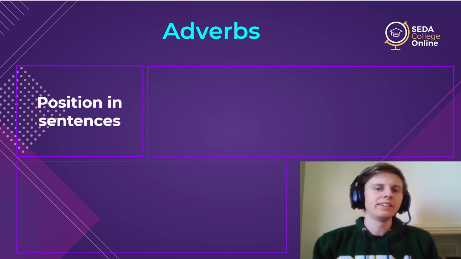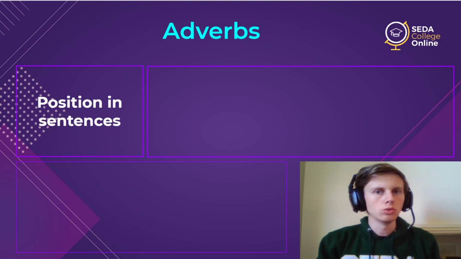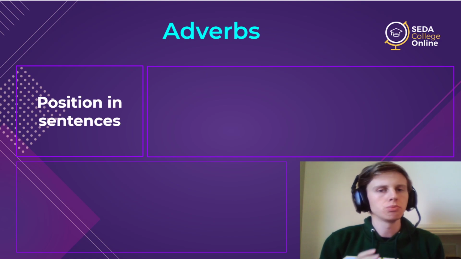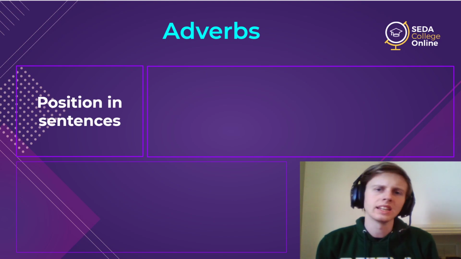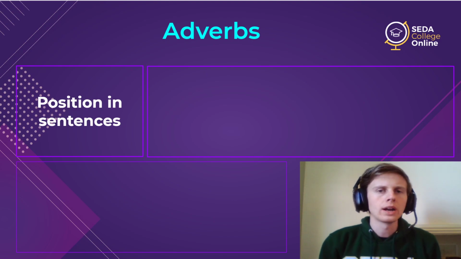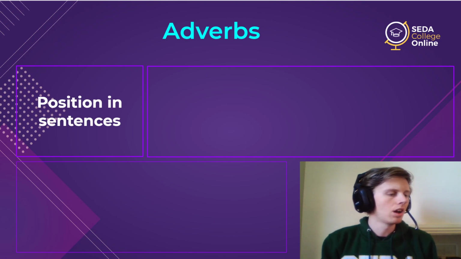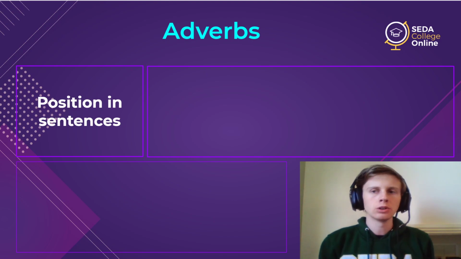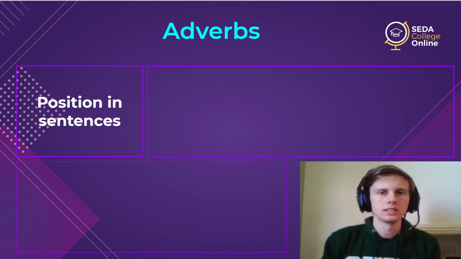Additionally, adverbs have kind of special rules about where they go in the sentence. This is probably one of the trickiest things about adverbs, and it's going to be the hardest thing to really understand and to learn, is where they go in sentences, because other words have very clear rules about where they go in the sentence.